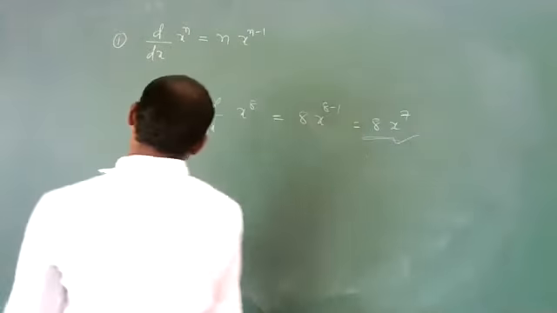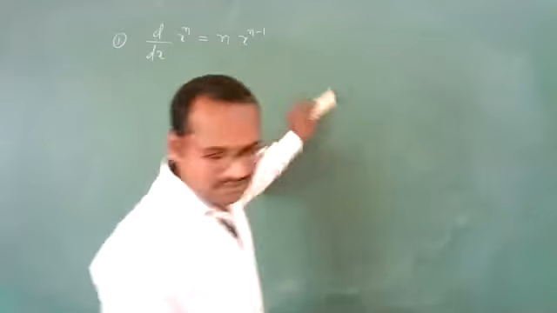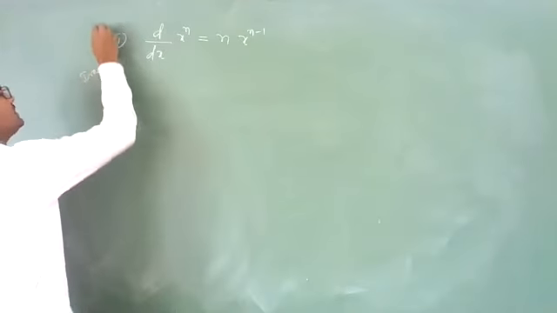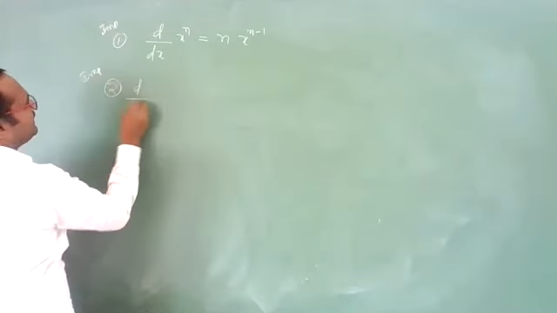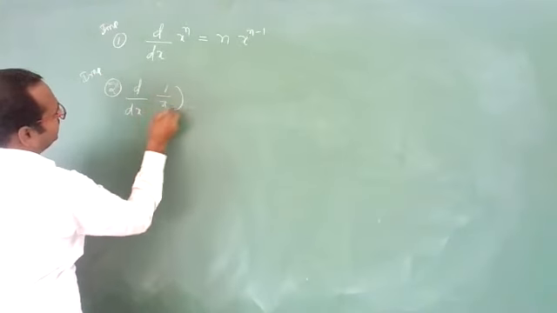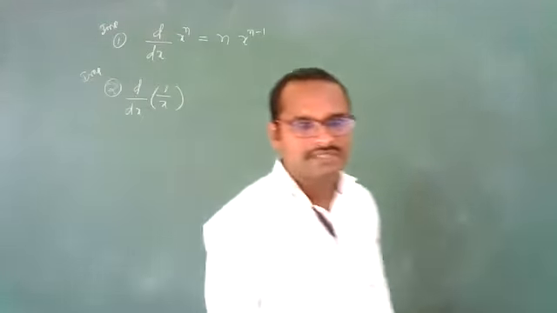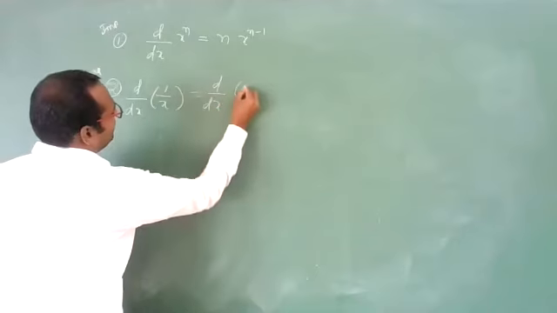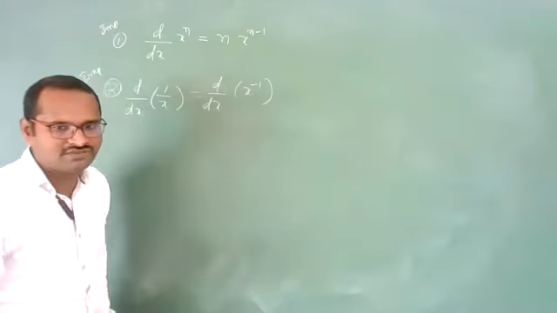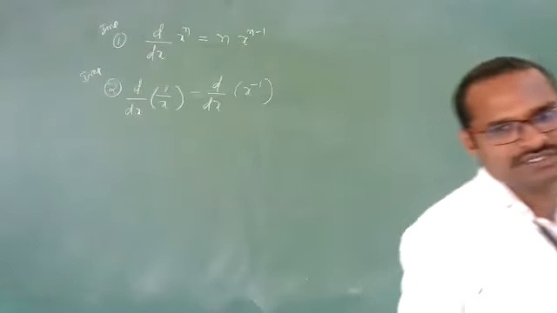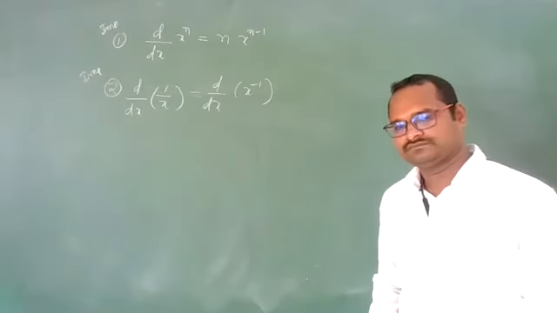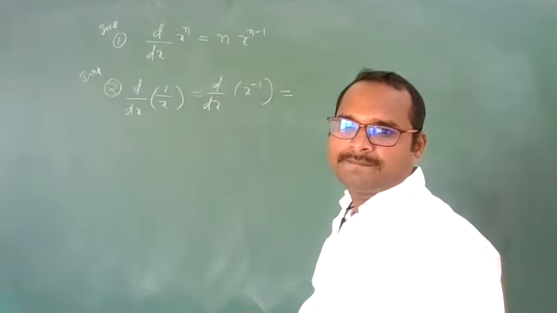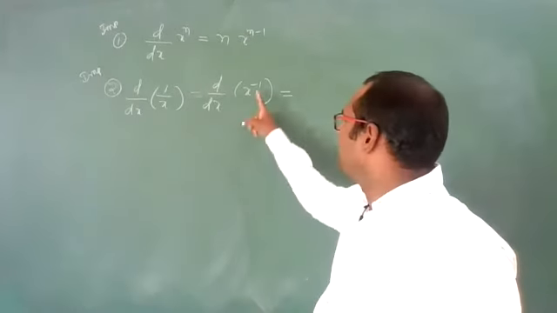Okay? Now some students will ask, sir, sometimes we may have functions like this. These are also very important values. What is d by dx of 1 by x? You can write it as d by dx of x power minus 1, since 1 by x is x power minus 1. No, log x is wrong. Minus 1 is there, no?